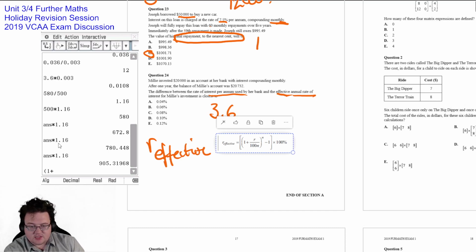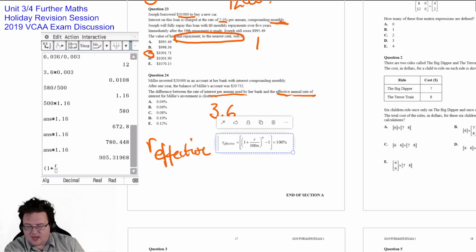Bracket 1 plus fraction R, which is 3.6 over 100 times 12. There's a bracket in the power of 12 minus 1.